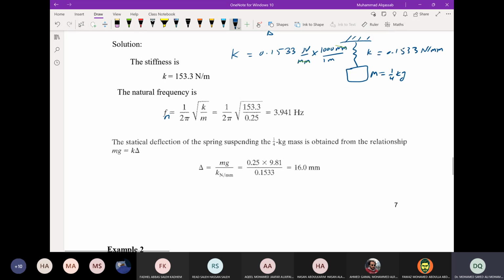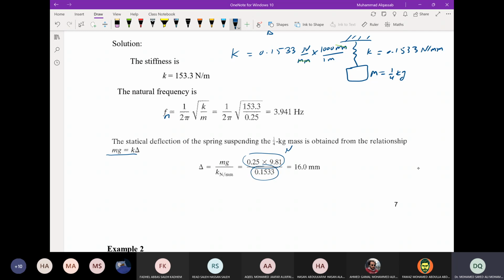The statical deflection can be obtained from the equilibrium equation, mg equals k delta. Put delta on one side, which is going to be mg over k. mg is 0.25 times 9.81, divided by 0.1533. This is in Newton, right? Because it is the weight. And 0.1533 is Newton per millimeter.